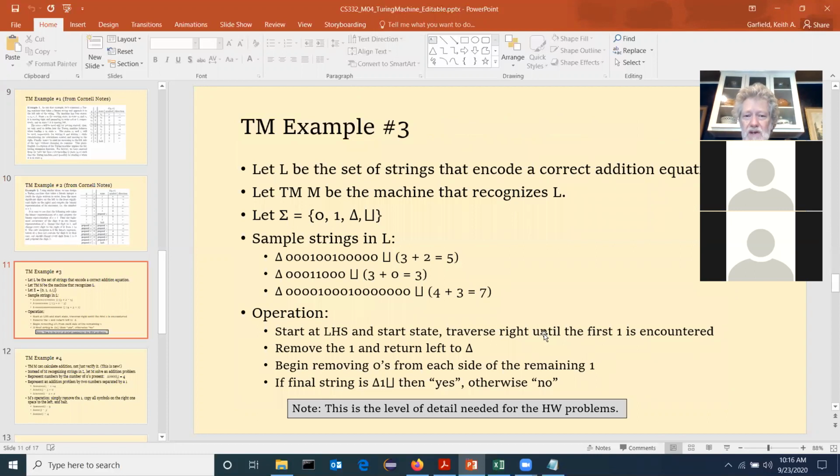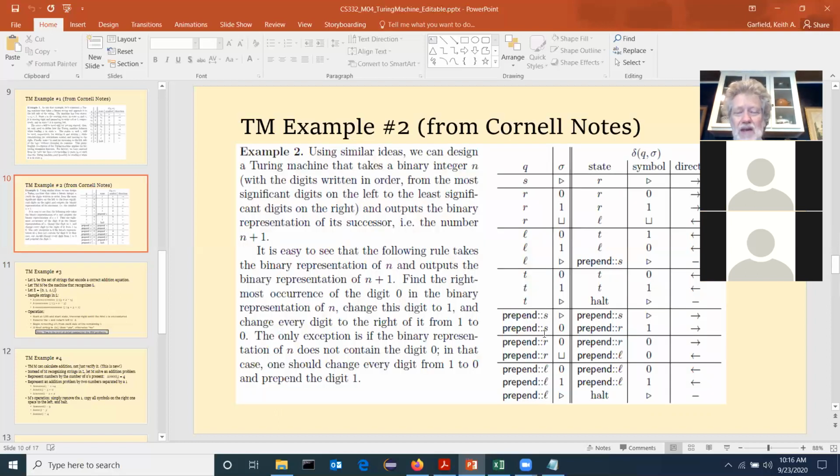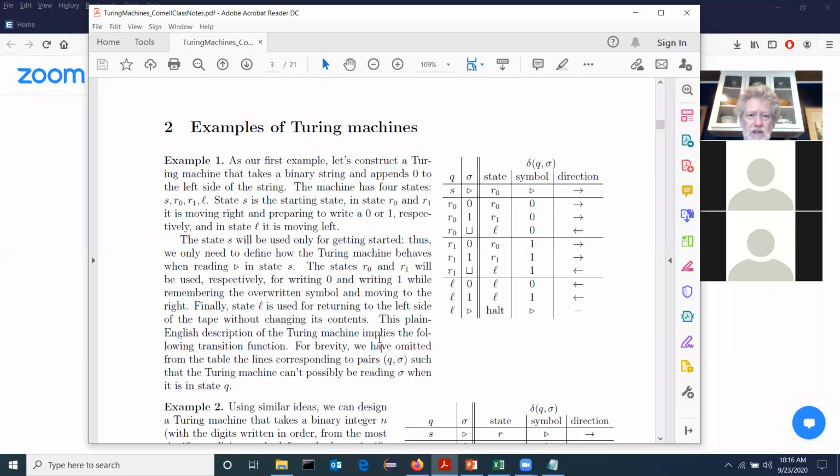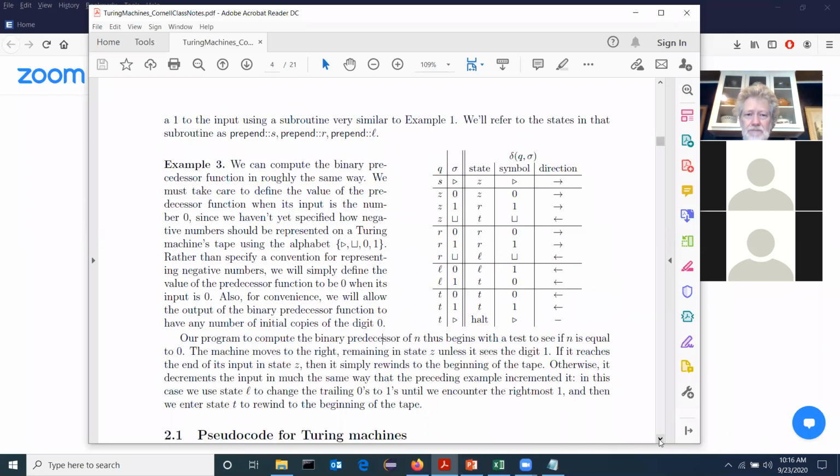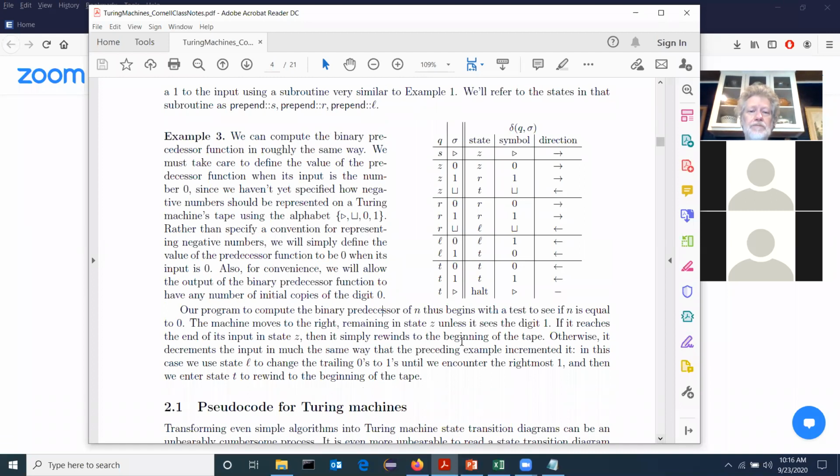In the two problems that I gave you, I am using normal digital binary numbers like the Cornell notes use. Let's go through here. The third example is to subtract 1. Not sure why I didn't put it in the notes, I just didn't.